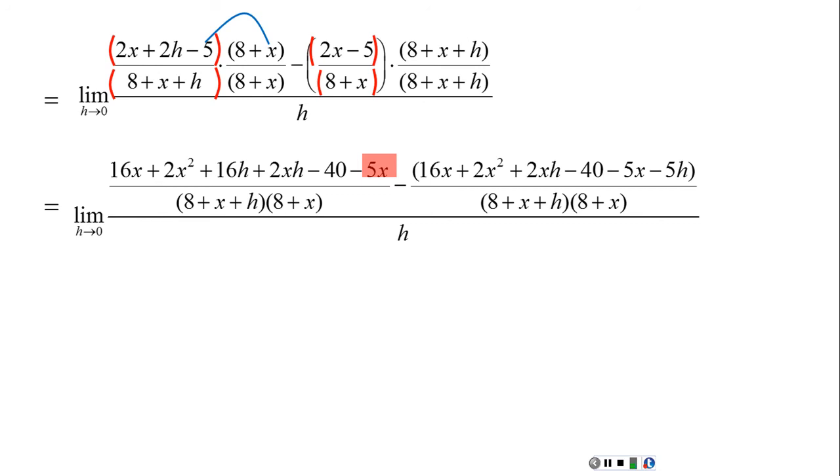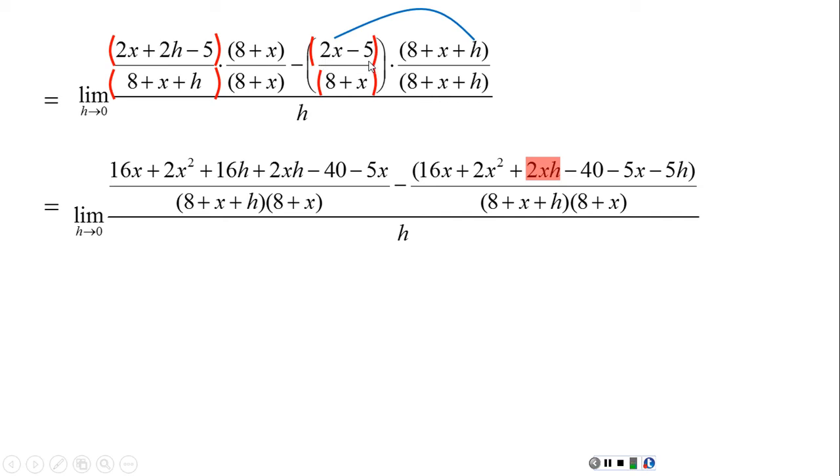So minus, parentheses, the first one is 2x times 8, which is 16x. And then I'll do 2x times x, which is 2x squared. Then we have 2x times h, which is 2xh.